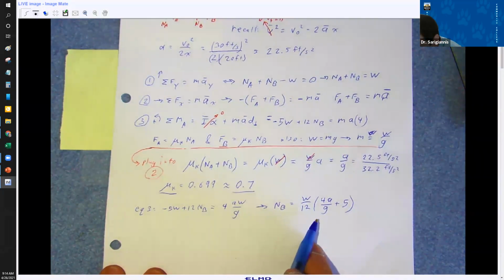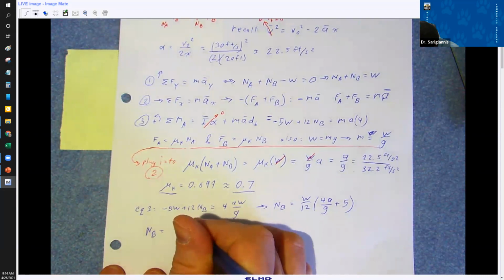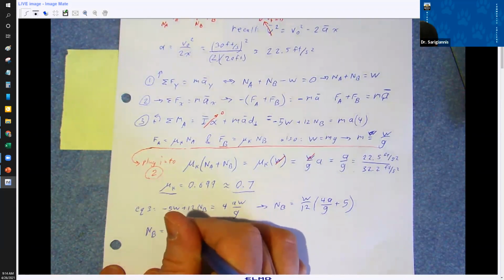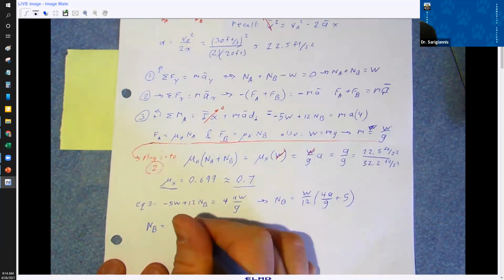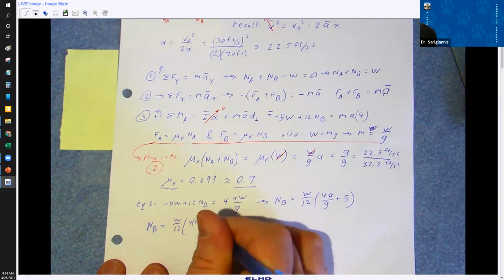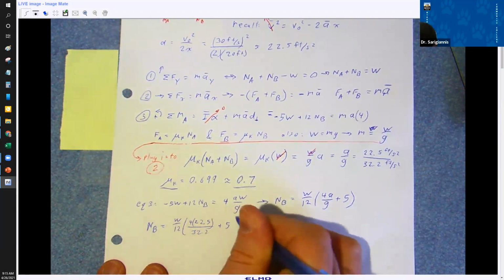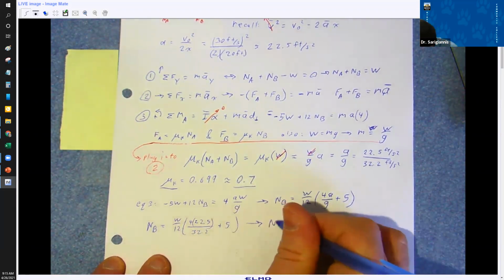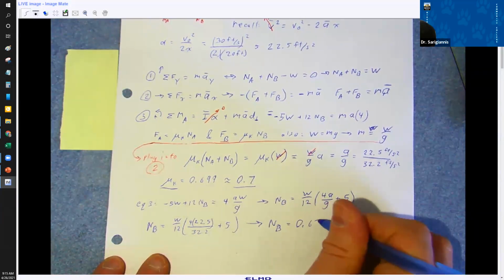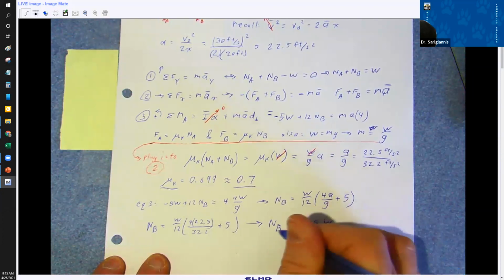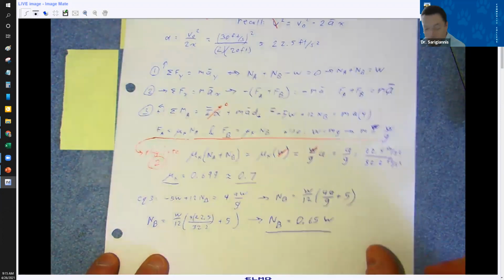If you put in the values for this, what do I have? We don't know weight. We do know A and G. So this is 0.65 W. That's what normal force B is. I'm running out of room here.